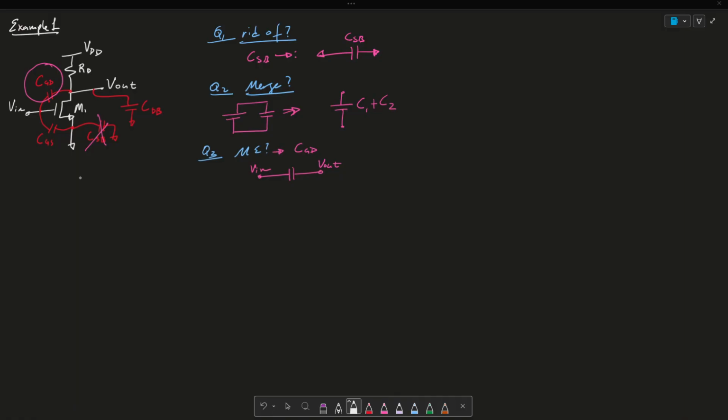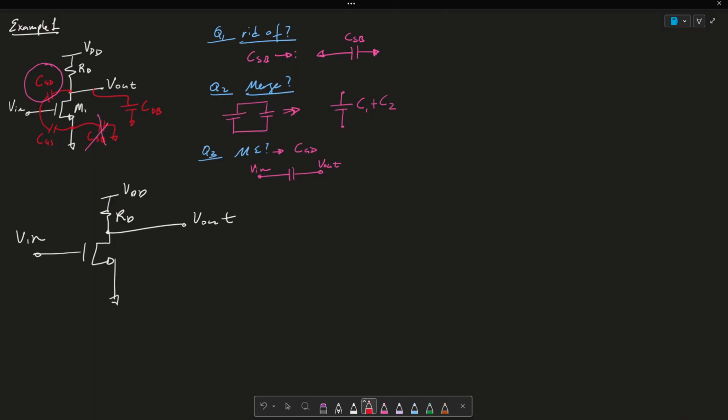Let's redraw this circuit, taking into account that CGD experiences Miller's effect. So what we're looking at here is VDD, RD, my transistor, V in and V out.